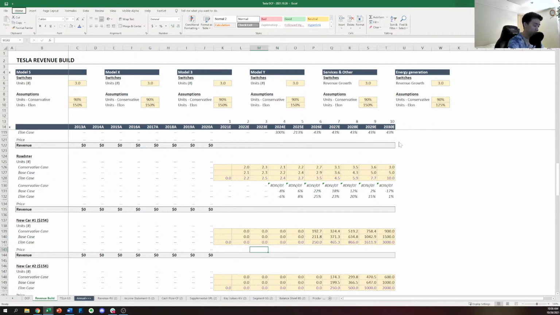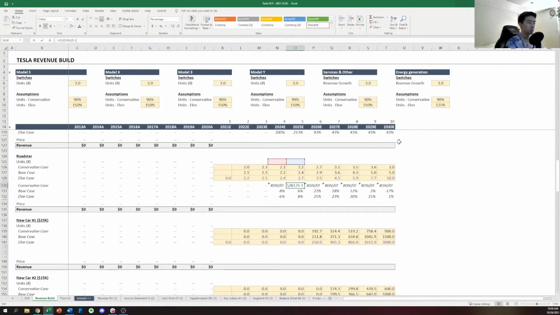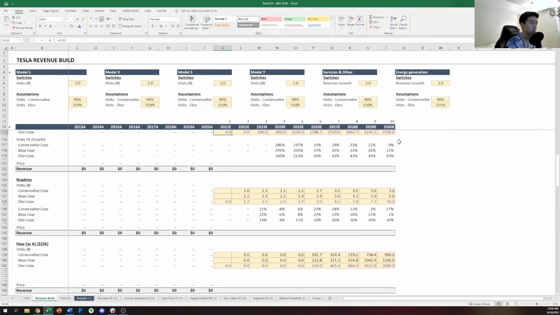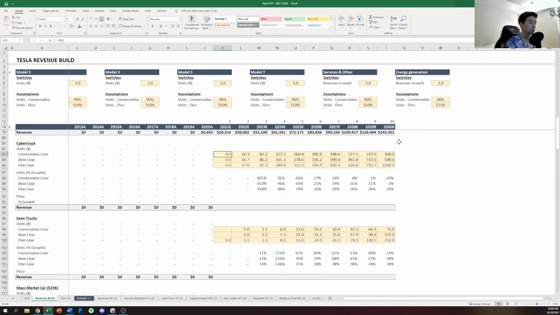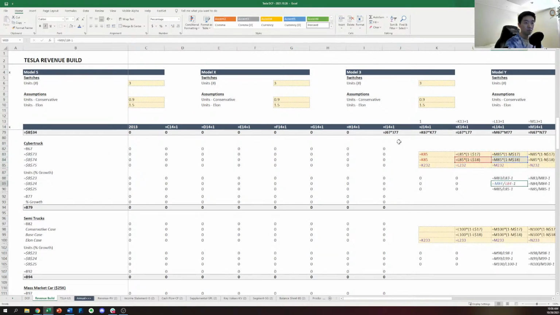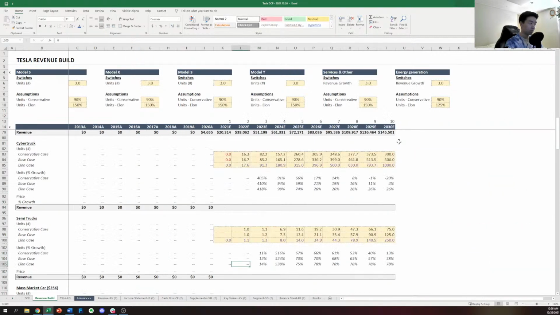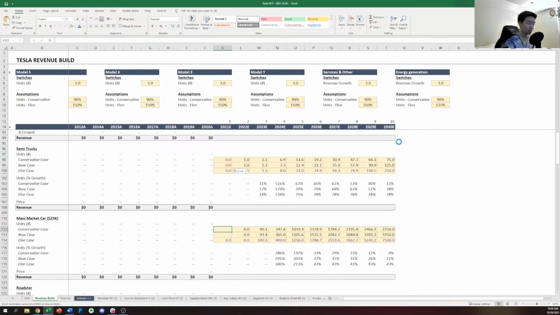New car one. What? It's being weird. Okay, so I've decided today I'm just going to get to vehicle revenue.